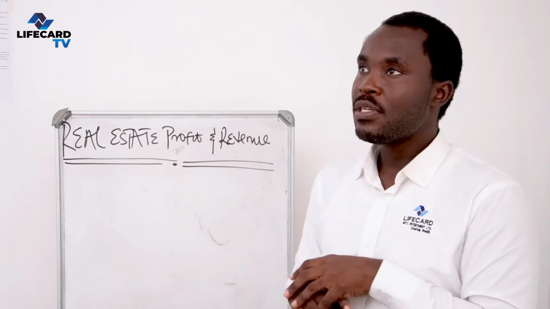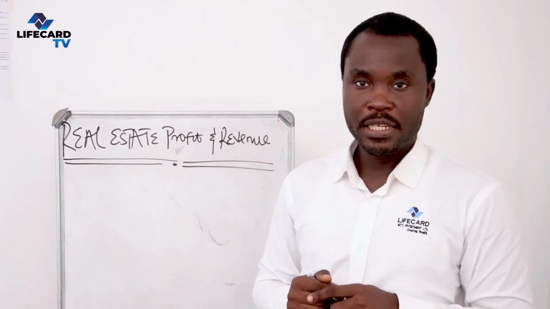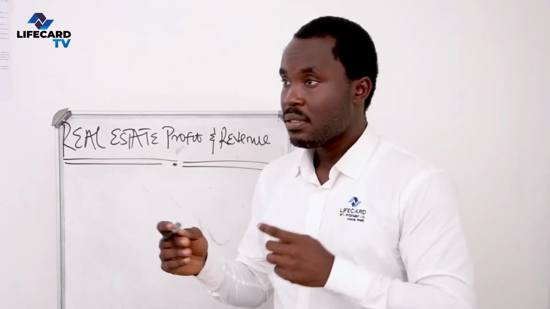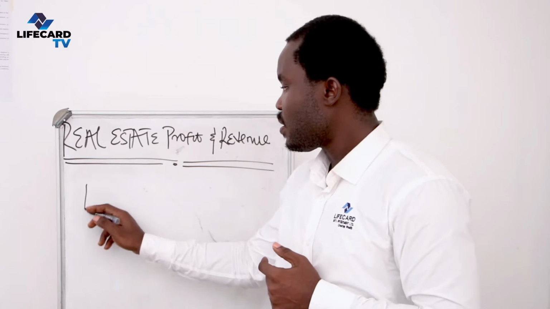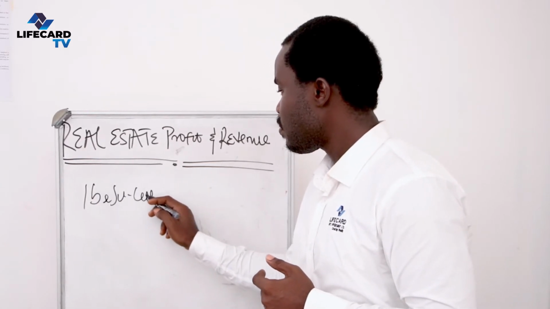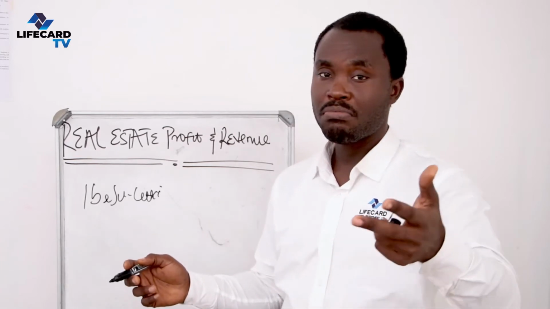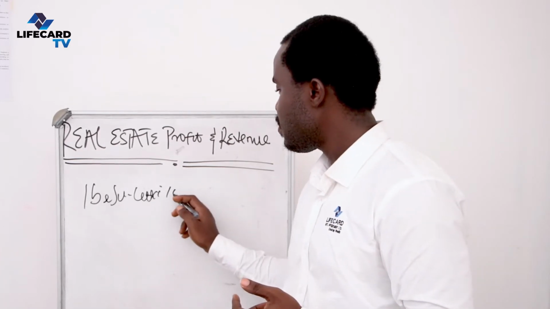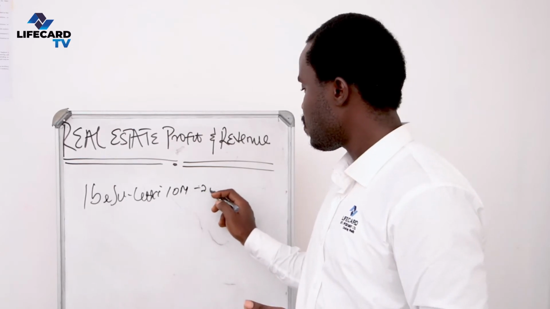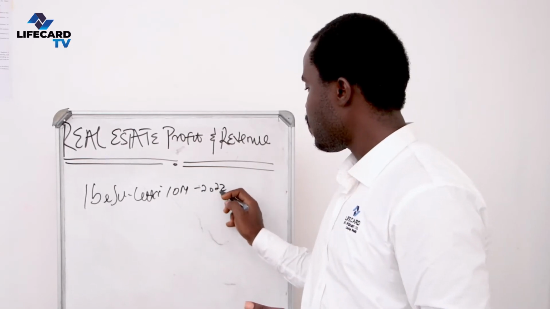So I'm going to use land banking, for example. Let's say you bought a property in Ibeju-Lekki for 10 million in 2022, right?